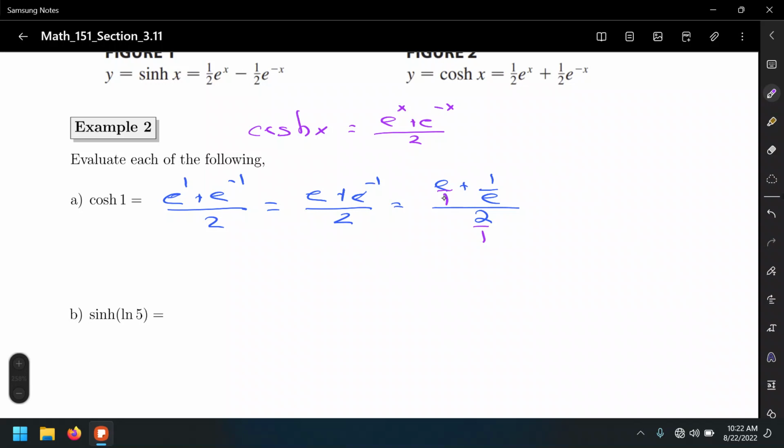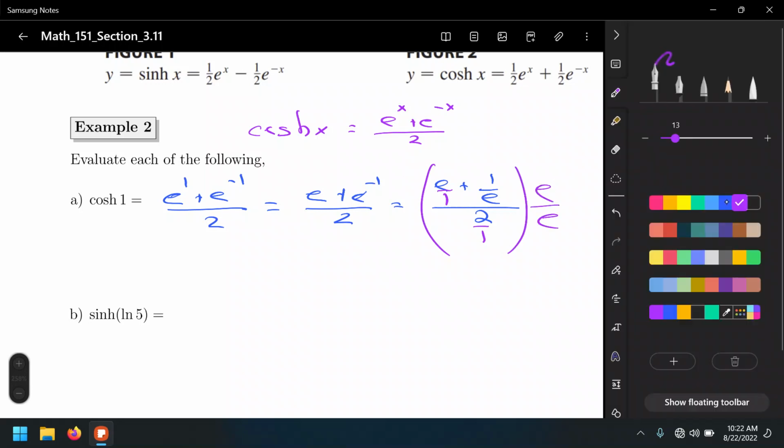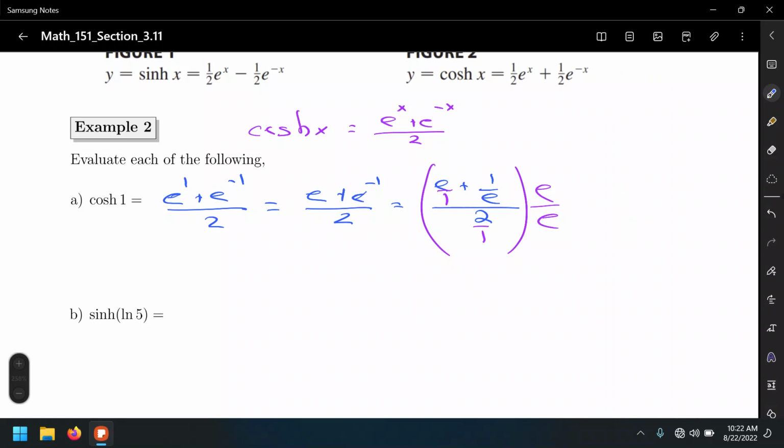We look at the denominators and find the least common denominator. In this case, we can simplify when we multiply numerator and denominator by e. When we distribute, we get e times e, which is e squared, and e times 1 over e, the e's cancel, leaving us with plus 1. And in the denominator, e times 2 is just 2e.